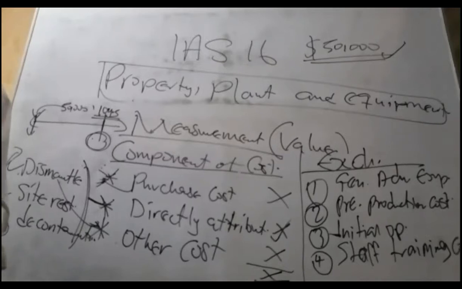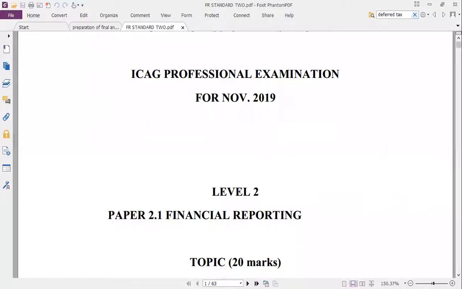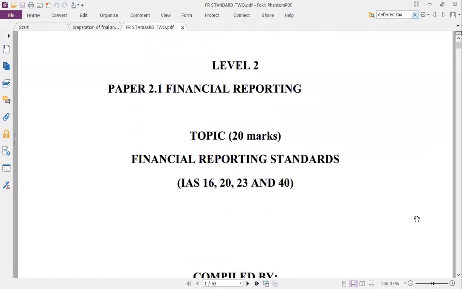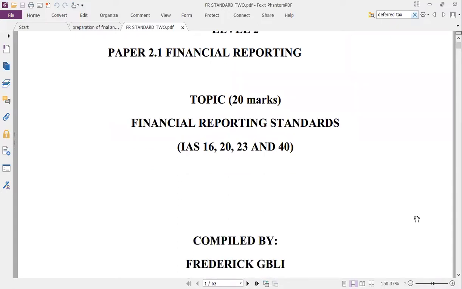So if you don't have it, kindly get it. This one contains IAS 16, 20, 23, and 40. In fact, I left one out. IAS 40 must be part. Yes, IAS 40. So I'm trying to see if you can do a bit of IAS 40. All of them, they are there.